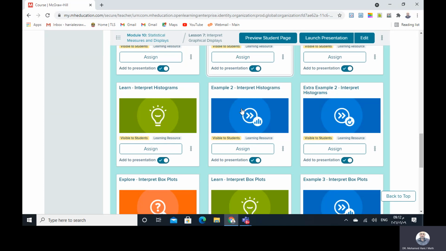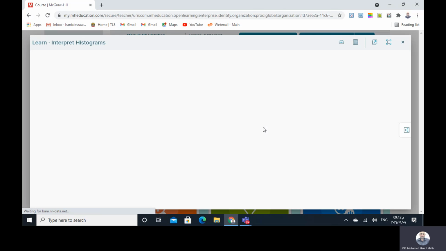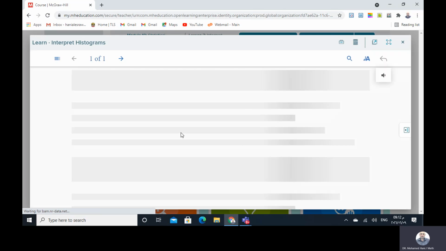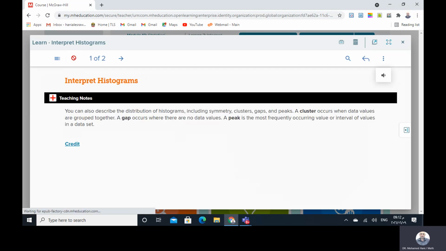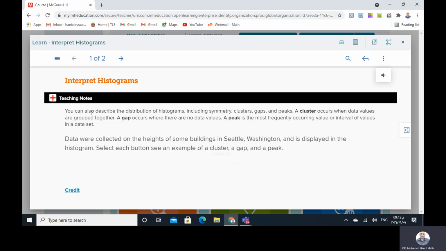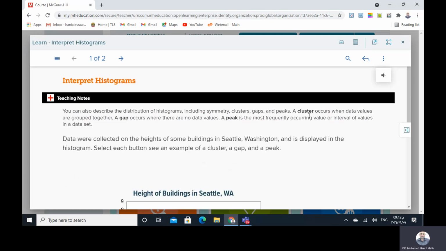The second idea in this lesson, interpret histograms. We have 3 new words here: cluster, gap, peak.